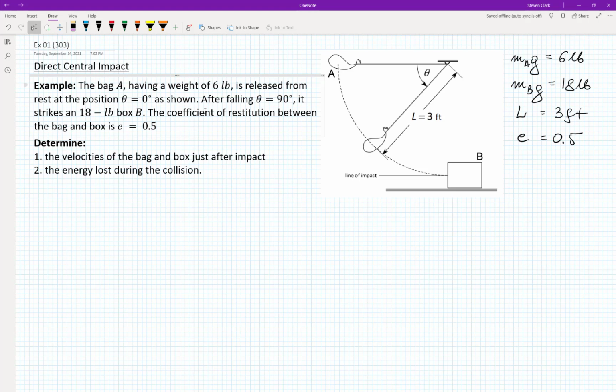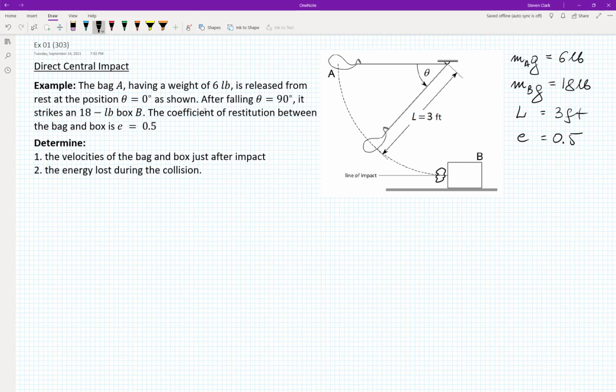Okay, so what do we have in here? We have two bodies, right? We have bag A and body B here. And we will again model them as particles. And I think that particle A has to travel a little bit, right, along this trajectory before it hits our body B. Okay, so we will have a hit in here, yeah?